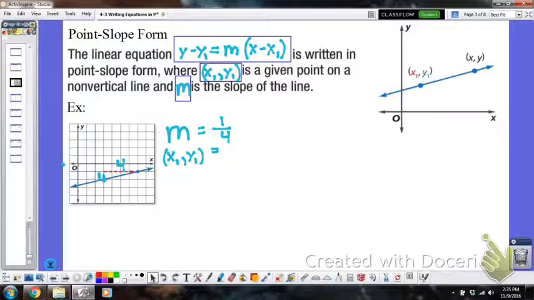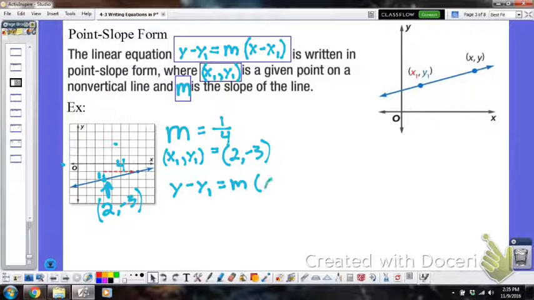And I need a point on that line, and if I look at this point right here, that point is 2, -3. So if I use that point in the slope for my equation, that'll give me the equation of the line. So I will use y minus y1 equals m times x minus x1.